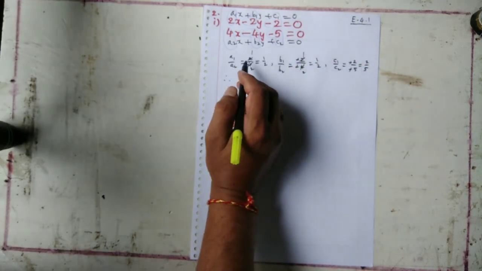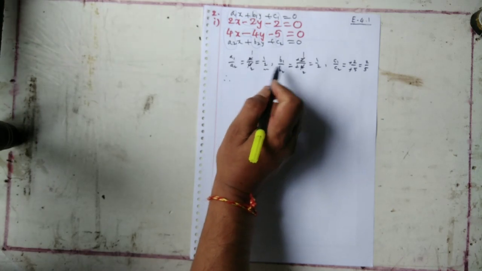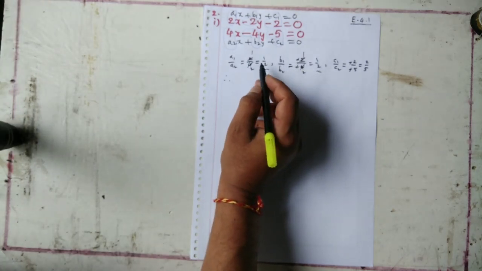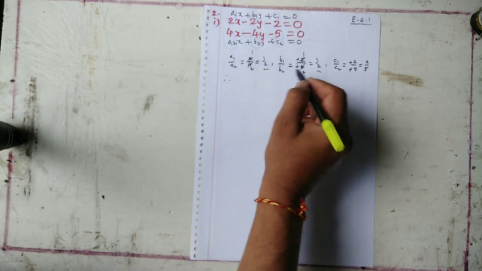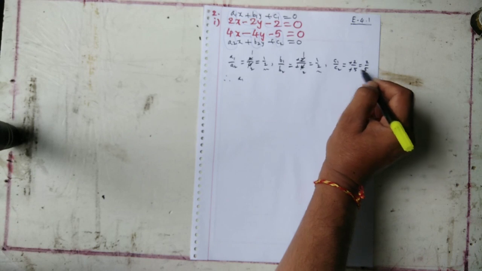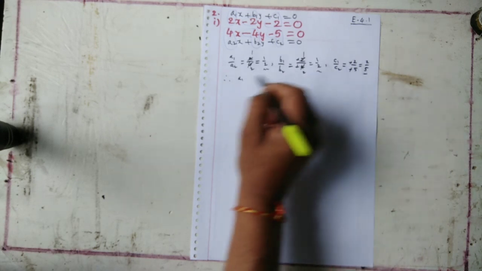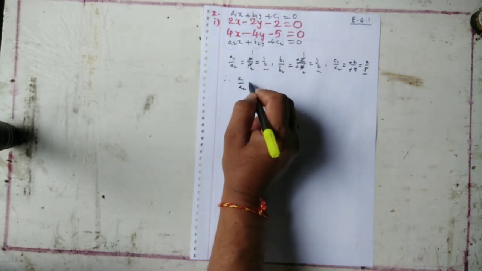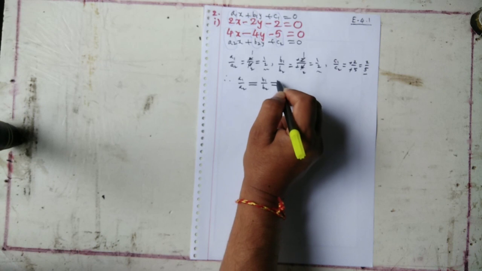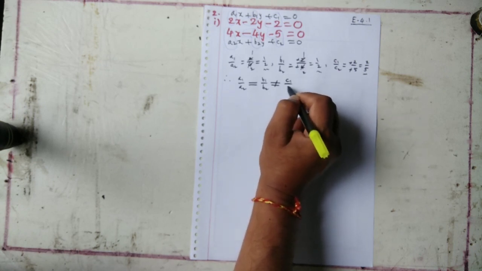Therefore, if we observe these results, we can understand 1 by 2, 1 by 2, but c1 by c2 is 2 by 5. So a1 by a2 is equal to b1 by b2 not equal to c1 by c2.